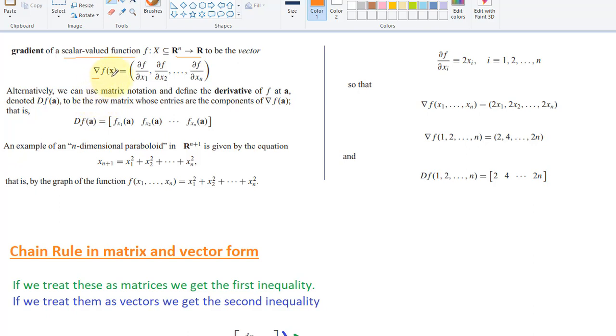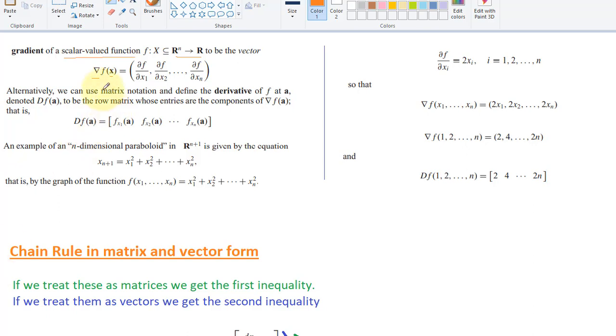And as we said, we're allowing x to be a vector. In other words, the input isn't just a single value. It could be a vector. But the output, this is not bold, so the output is not a vector. It's just a scalar. That's the case we're considering here.